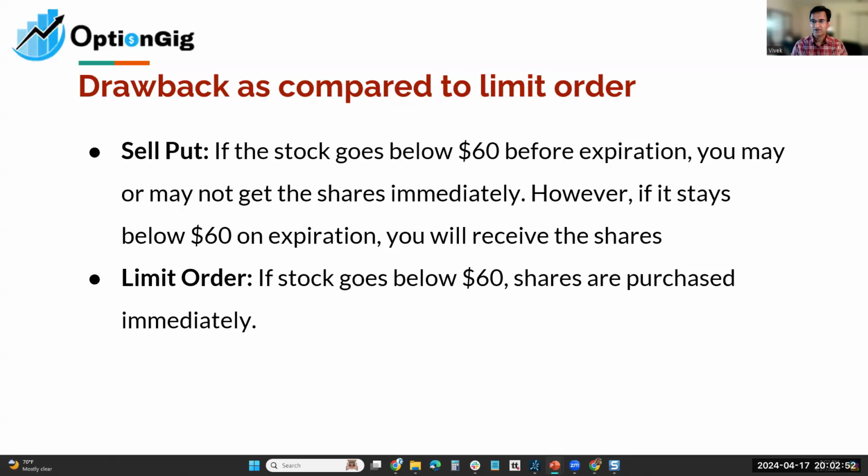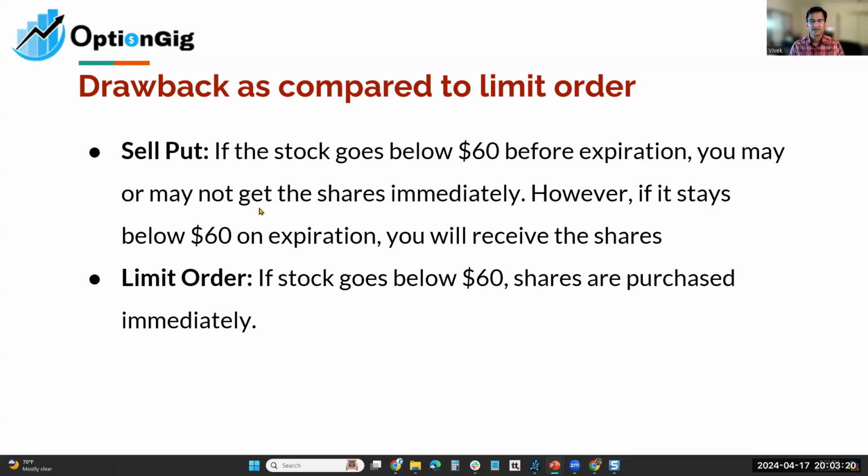Sometimes on Twitter, I see many people saying, oh, my stock is below my strike price, I'm going to get assigned, will I have to buy tomorrow? No, no, no. You may not have to buy tomorrow. It depends. If you're thinking that a stock goes below 60 and you'll be assigned the stock immediately, that may not happen.